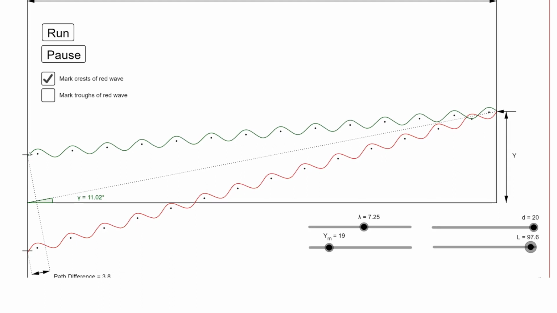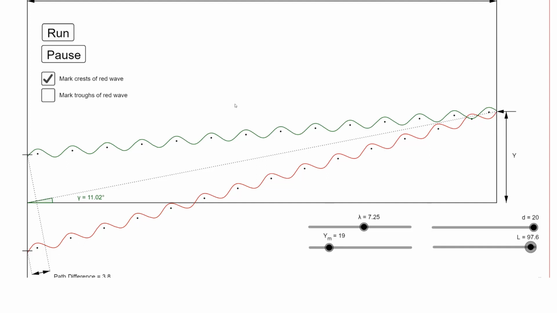Let's count: 1, 2, 3, 4, 5, 6, 7, 8, 9, 10, 11, 12, 13 and a half. And again: 1, 2, 3, 4, 5, 6, 7, 8, 9, 10, 11, 12, 13, 14.